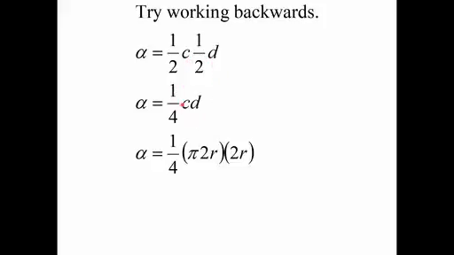Okay, what happened here? How did I get from this one to this one? The 1/4 is there. Looks like I expanded the C. I substituted in 2 times pi times radius for the circumference. And the reason I chose this rather than pi times diameter was because I was going to substitute 2r in for the diameter. Simplify a little bit. 2 times 2 is 4. 4 times a 4th is 4/4, which is 1, and that goes away.